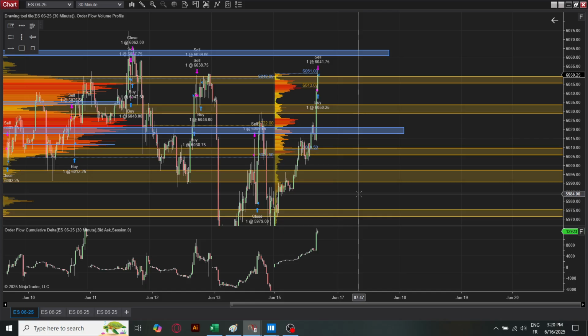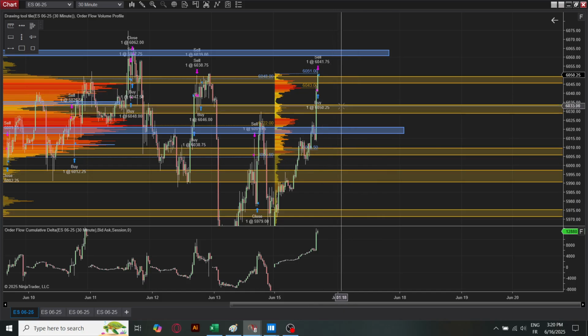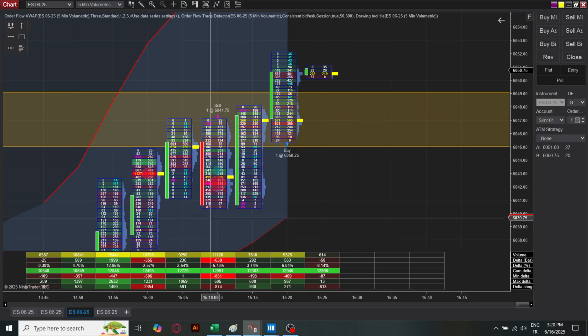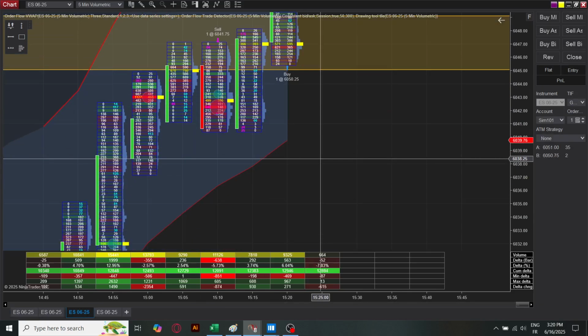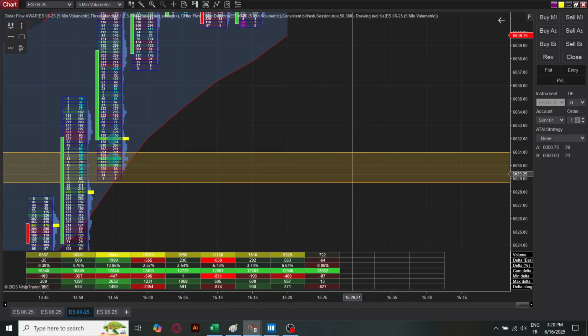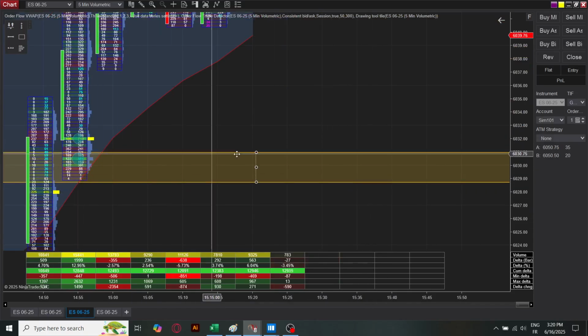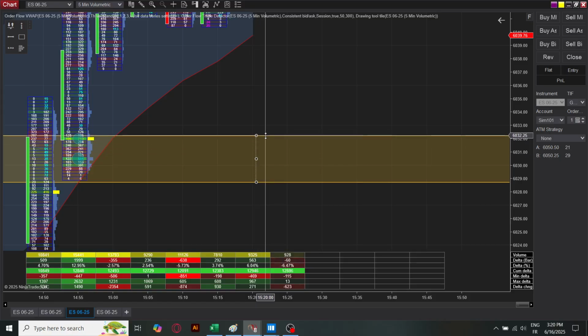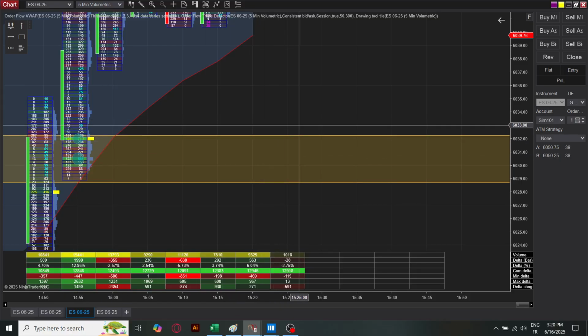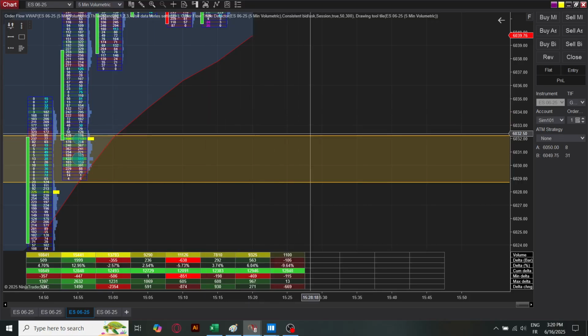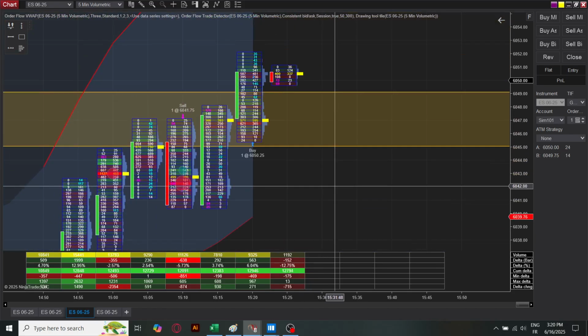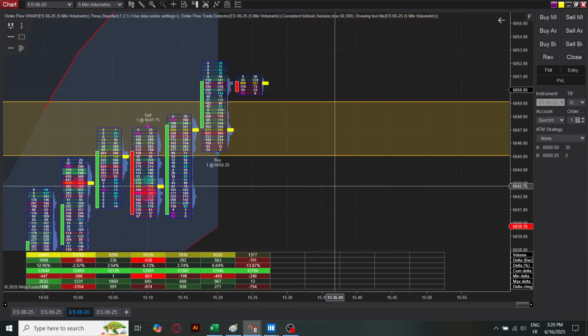So instead I will just go from this level, 29 to 34, which is over here, where the breakout happened. So this will be my second entry, and if I get a second stop loss, then I will stop. If I get a TP, then I will stop too.